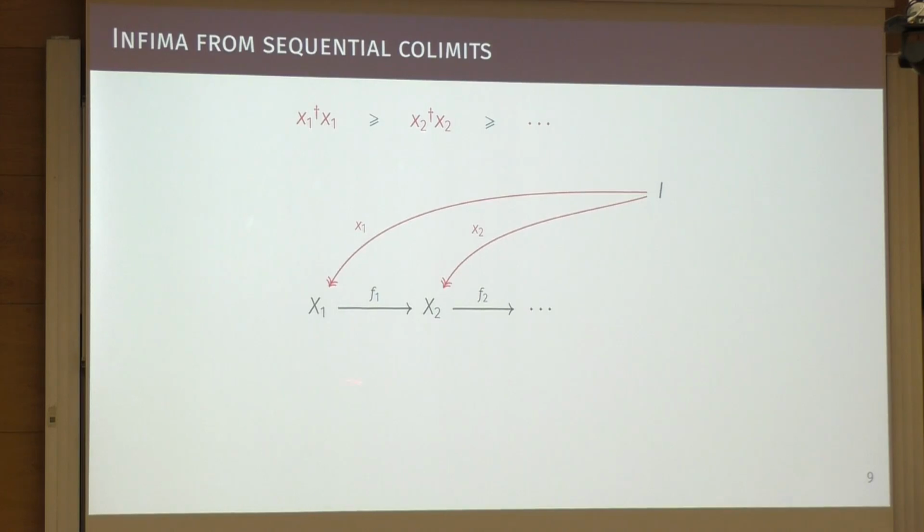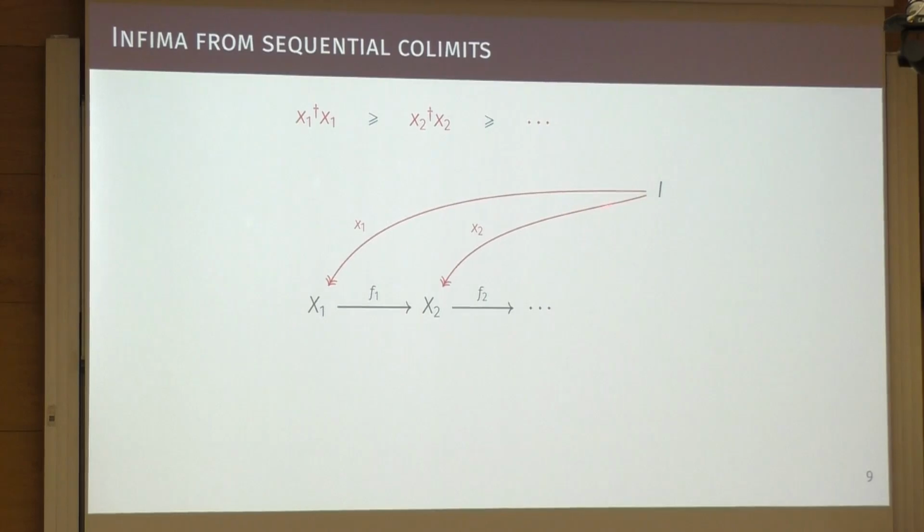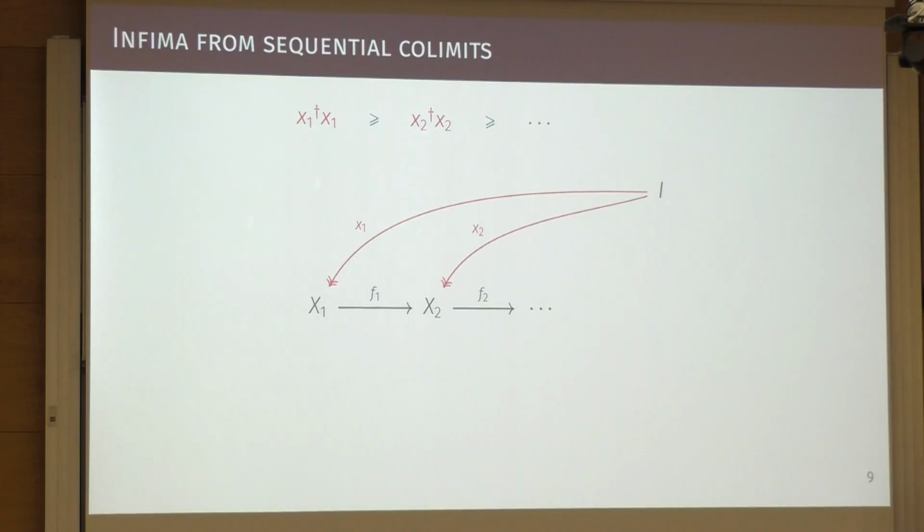We have x1, x2, these are morphisms in C, and the inequality is realized by these contractions that make the triangles commute. Now what I haven't told you is why I can assume that these morphisms are epi. That comes from the epi-dagger mono factorization that you get from the existence of dagger equalizers, dagger kernels. But anyway, you can assume without loss of generality that these morphisms are epi.